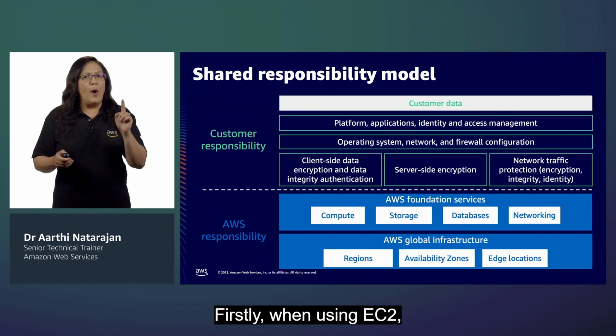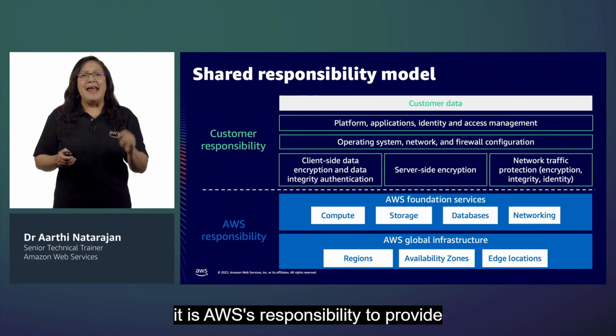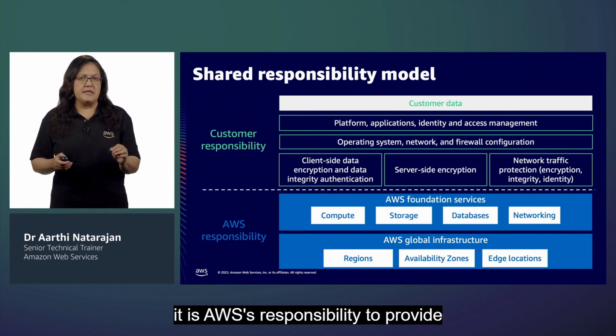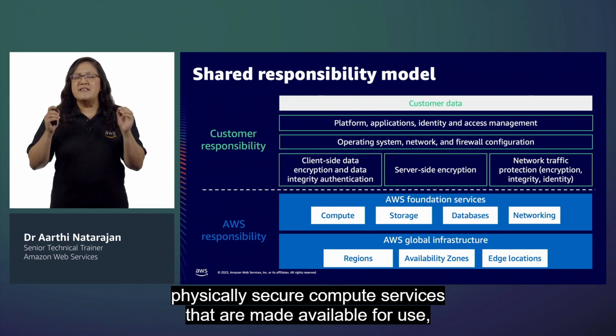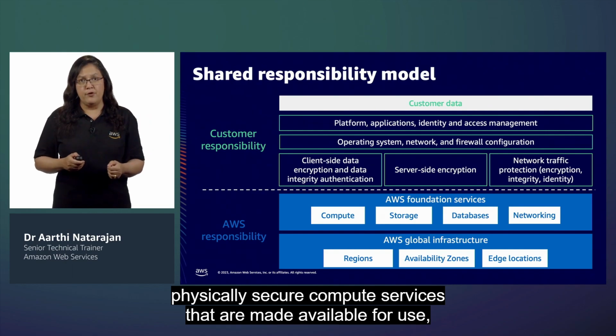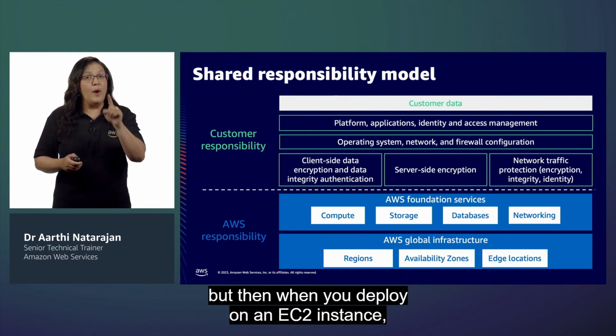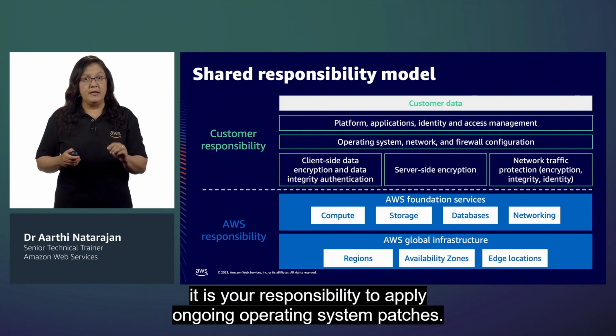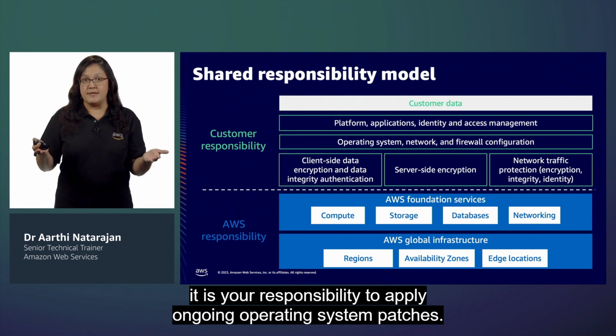Firstly, when using EC2, it is AWS's responsibility to provide physically secure compute servers that are made available for use. But then, when you deploy on an EC2 instance, it is your responsibility to apply ongoing operating system patches.